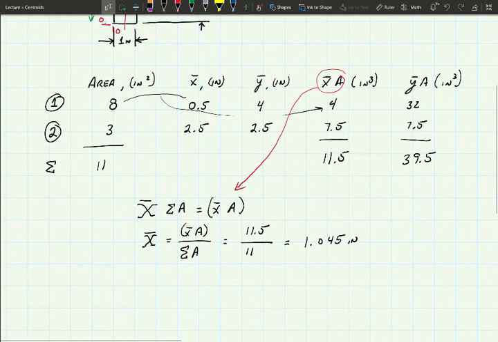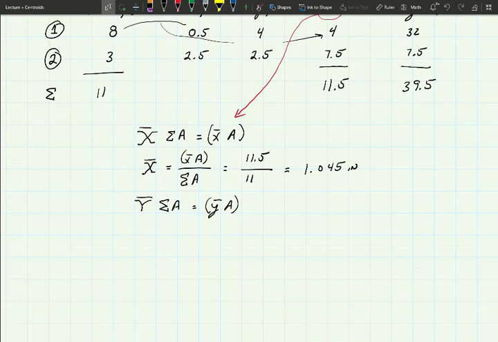All right, and then do the same thing for y. Times the summation of A equal to y bar A, and we're going to get the same thing: y equals y bar A parentheses divided by the summation of A, and that will be 39.5.